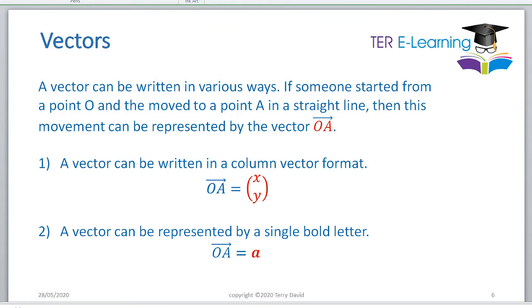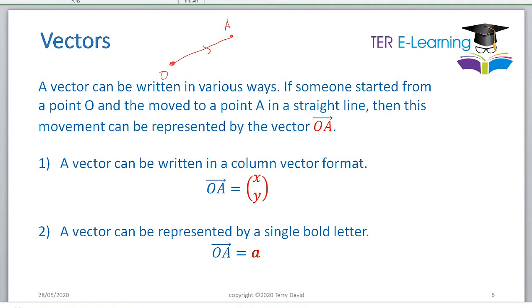Now, we can represent vectors in different ways. Let's say we have a point O and a point A. We join the points O and A with a straight line.